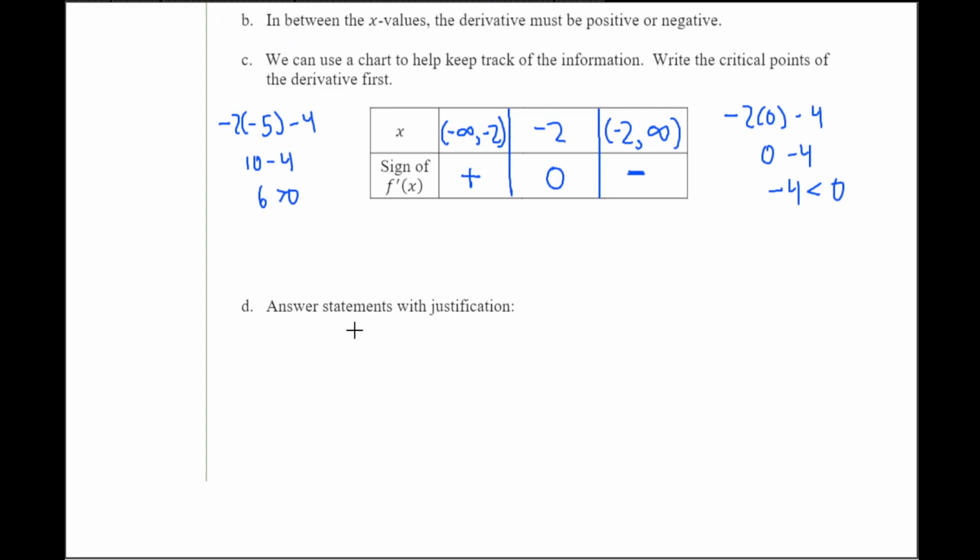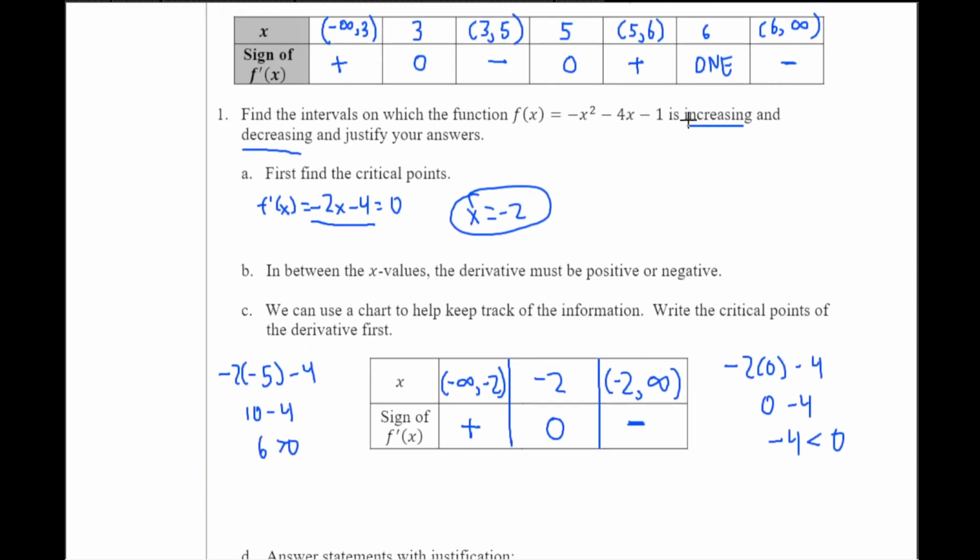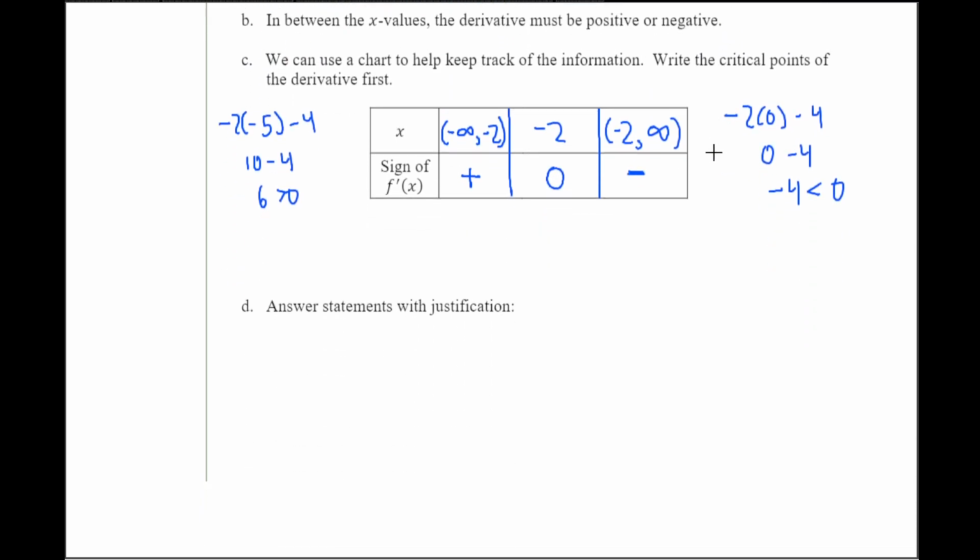So, answer statements with justification, because they asked you to find the intervals where the function's increasing and decreasing. So, f of x, or f, is increasing on this one right here, negative infinity to negative 2, because f prime of x is positive or greater than 0 on that interval.